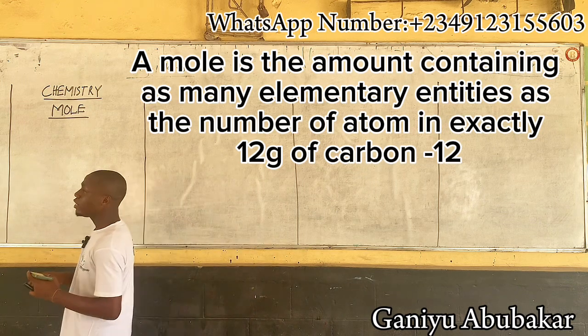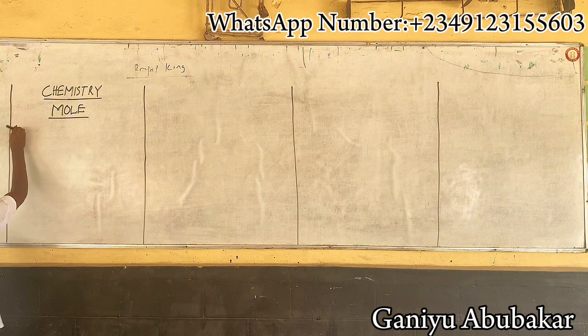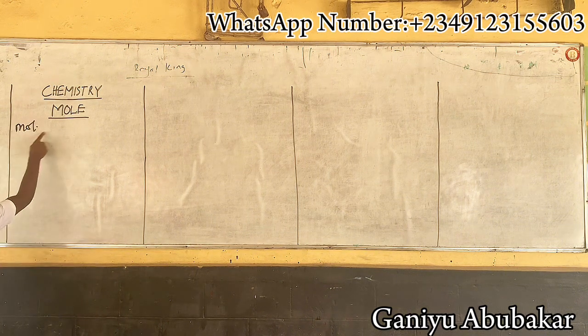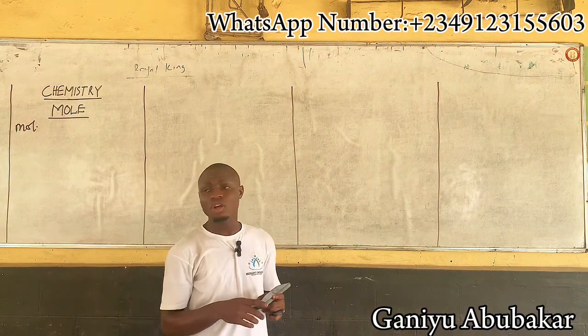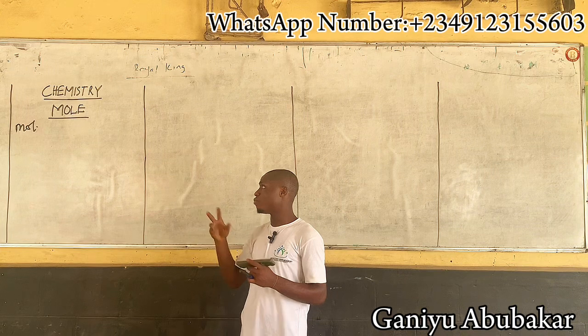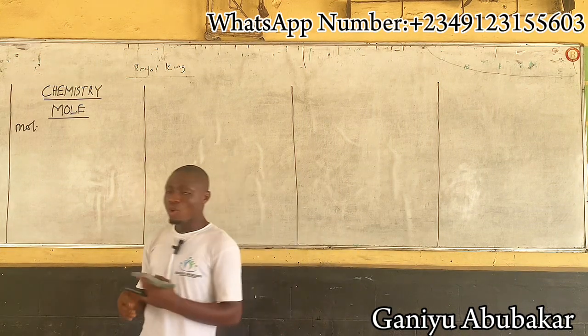Usually, the short form of writing mole is MOL. This is simply the abbreviation, or the symbolic representation, of writing mole, as you can see. All right.